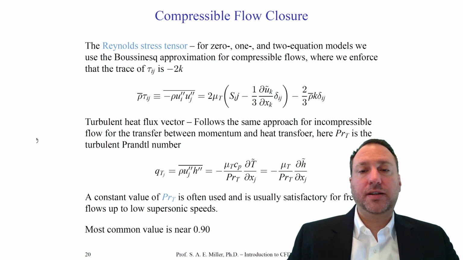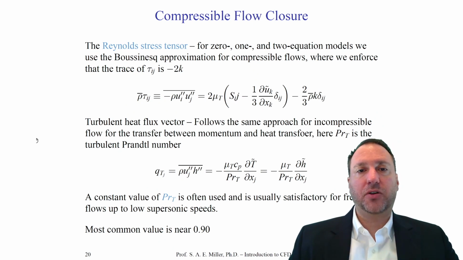Now for 0, 1, and 2 equation models, we can develop all these types of models for FANS equations just like RANS. We will still use the Boussinesq approximation, but here for compressible flows.